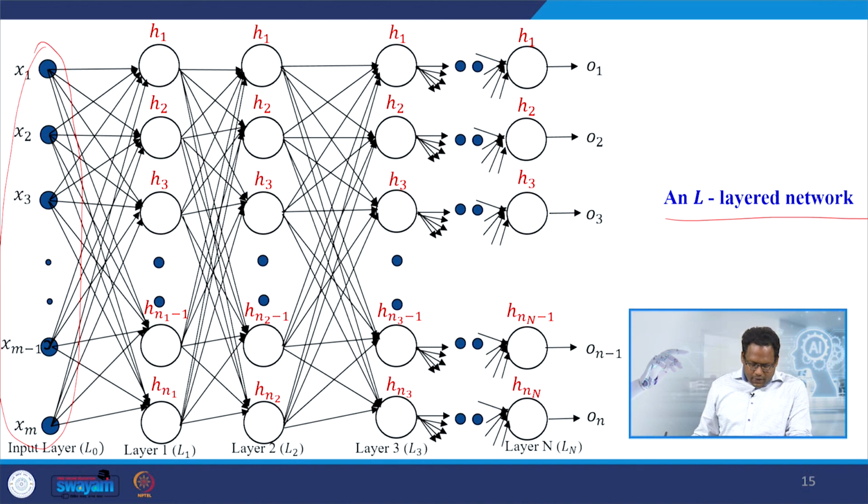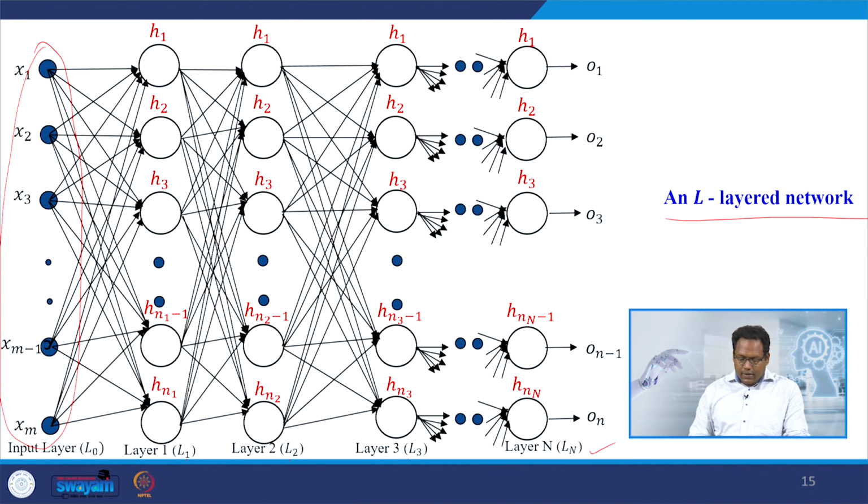And we have the hidden layers, numbering L minus 1 hidden layers, and 1 output layer. The output layer is the Lth layer. Thus, the hidden layers are L1, L2, L3 and it goes on, whereas the output layer is the last layer, which is L suffix capital N.